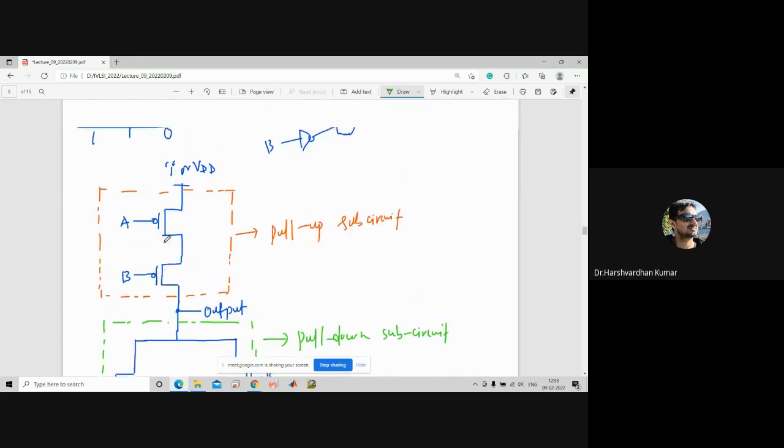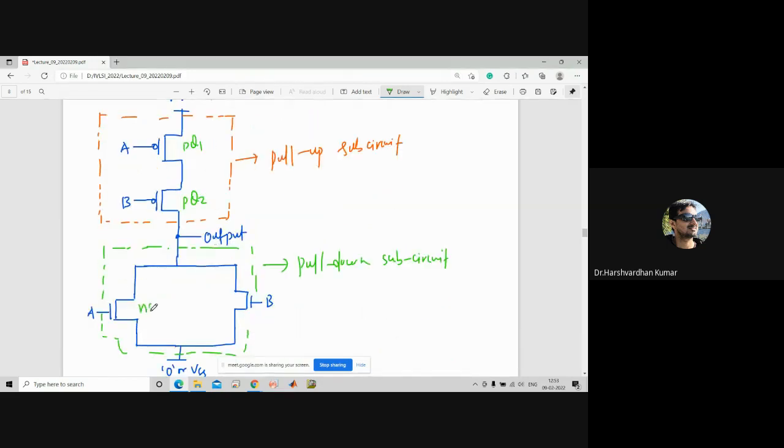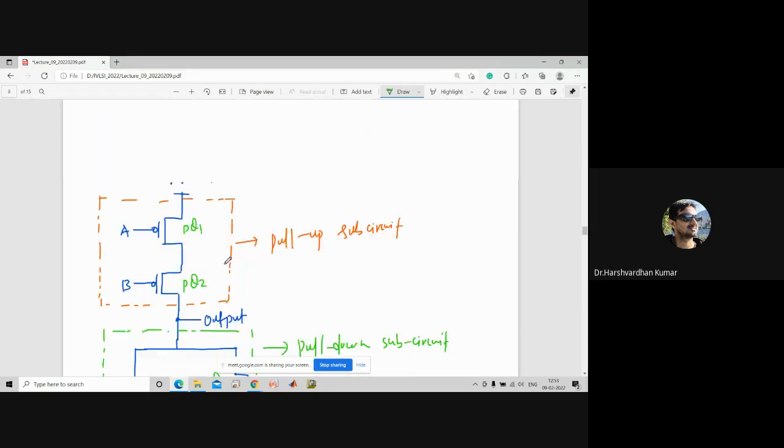Okay. So now we need to understand the operations. Let us say both the inputs, that is A and B, are at logic 0. Then what will happen in that case? Let us say this is PQ1 and PQ2, and this is NQ1 and NQ2, where Q represents the MOS transistors.